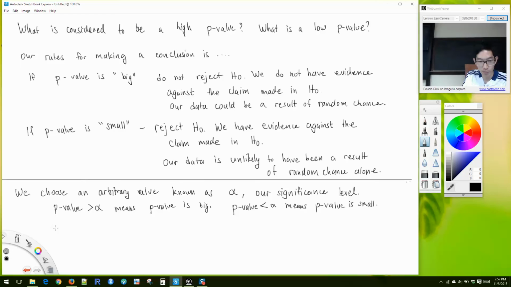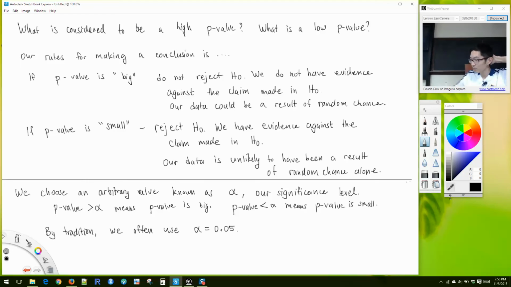So just by tradition, we often use alpha equal to 0.05, basically 5%. This has become the value of alpha that we use most often.